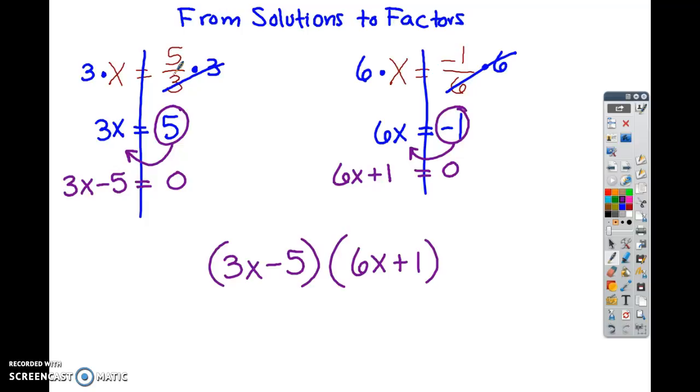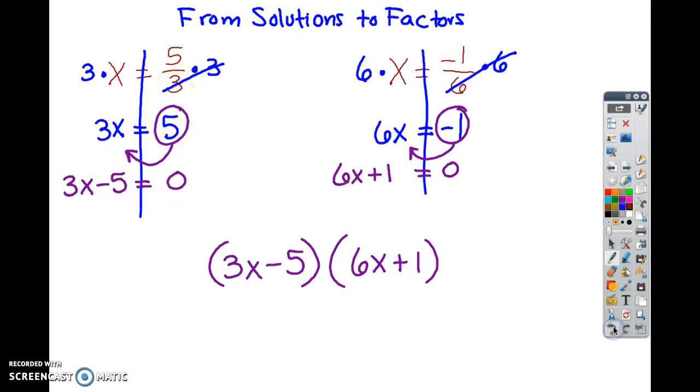It's like working backwards from the factors, because if they give you the factors normally, like this one, if they gave you 3x minus 5 and they asked you for the solution, you would have started like this, right? You would move the negative 5 over, change the sign, and then you would divide by 3 on both sides and get 5/3.